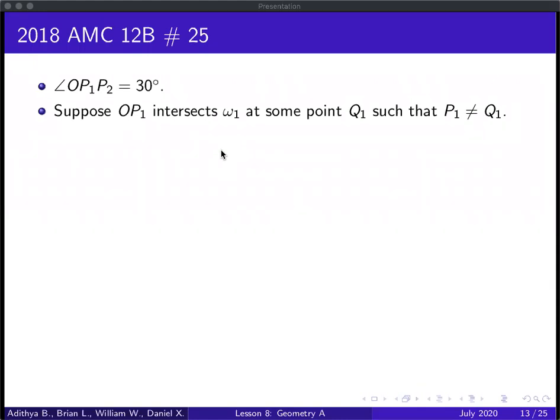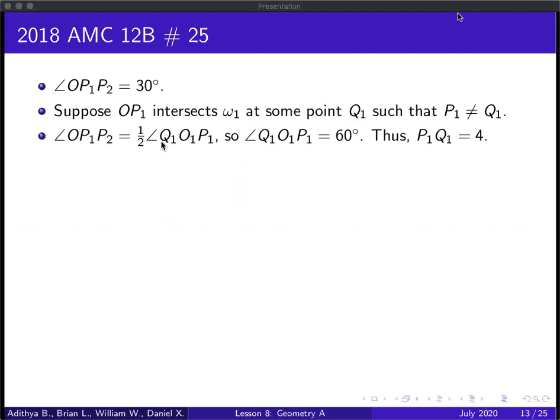We know that P1, P2 is tangent at P1, so we want to sort of relate that. So we can draw Q1 so that we can use our angle relationship to find what P1, Q1 is.